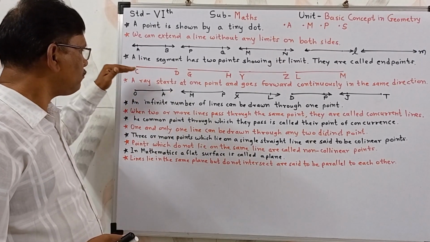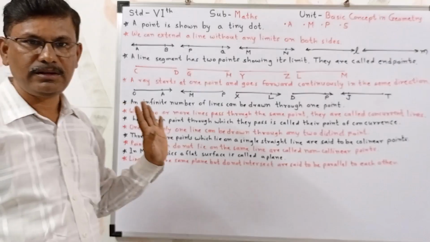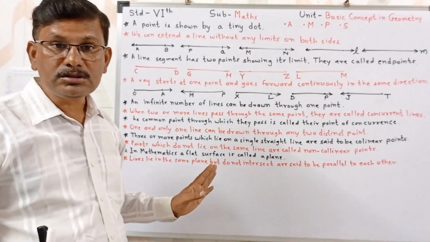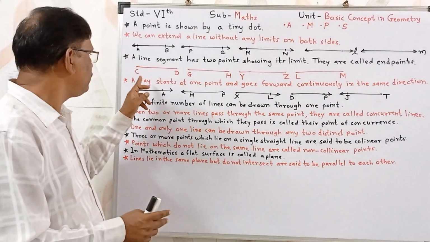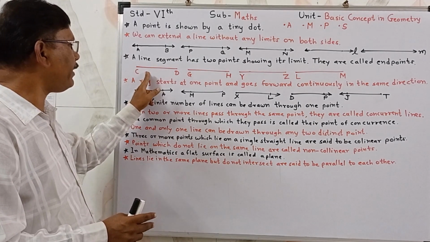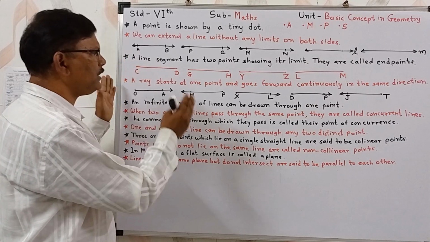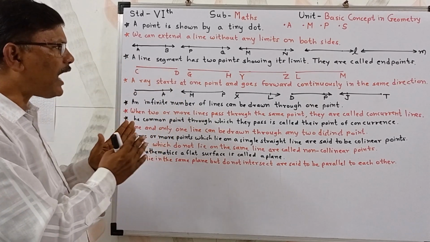We can measure only a segment. We can't measure a line because a line extends both sides. But a segment has its limit, so it can't extend.